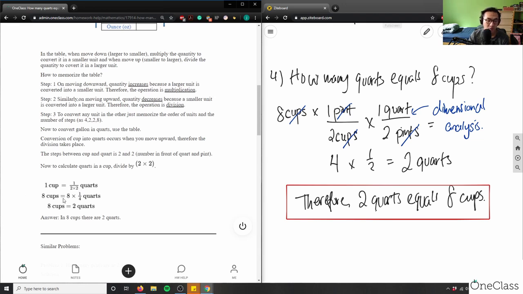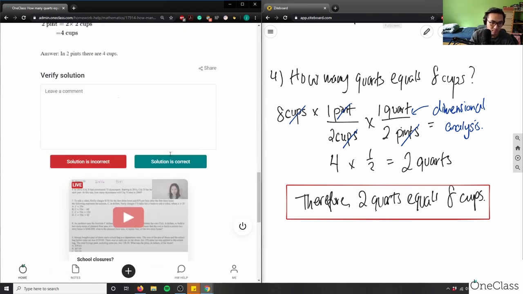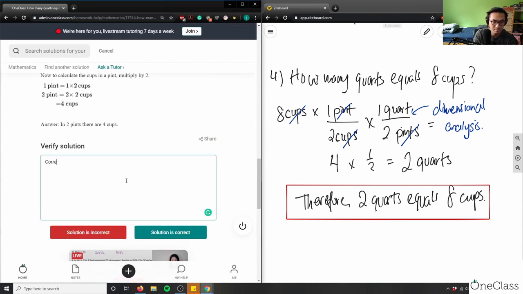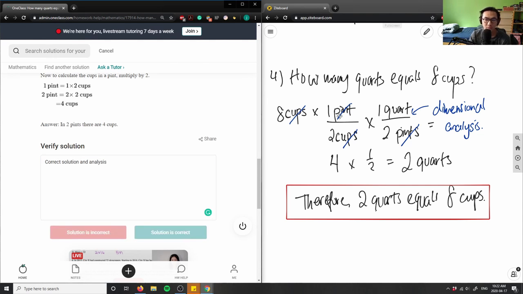So 8 cups would mean 8 times 1/4 quart. Half times half is a quarter, and then 1 quarter times 8 equals 2. So therefore, 2 quarts equals 8 cups. This here is the correct answer and great analysis. Correct solution and analysis.